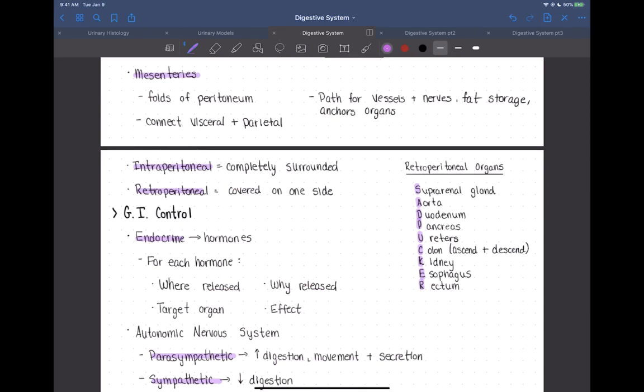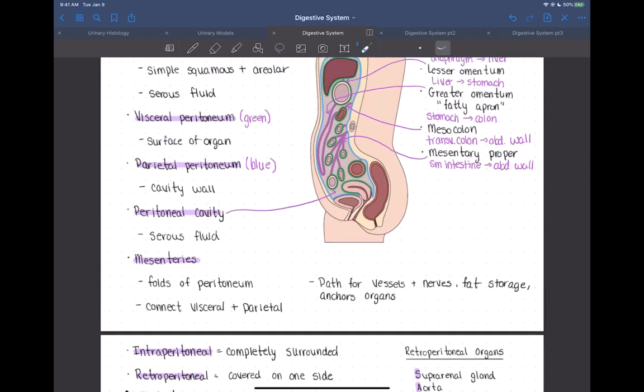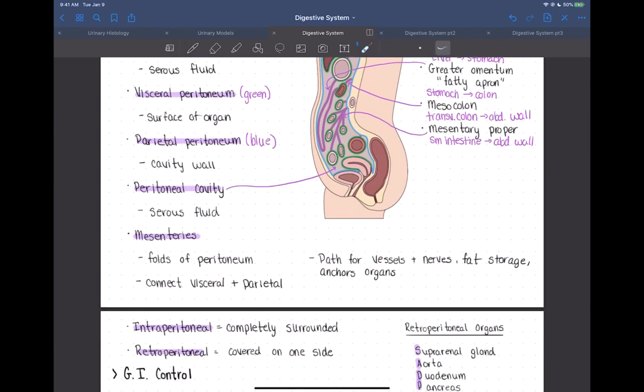So if an organ is intraperitoneal, it's completely surrounded by peritoneum. So if we look up here, we can see the stomach is obviously intraperitoneal. It's totally surrounded. So is the liver. So are all of these segments here of the small intestine and the transverse colon. They're fully surrounded by peritoneum.